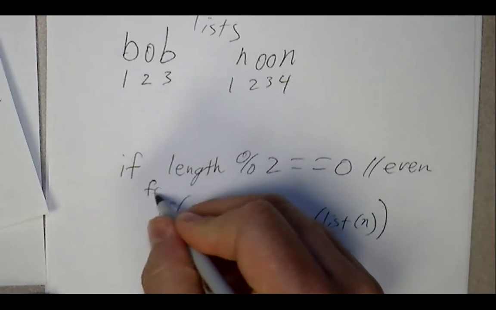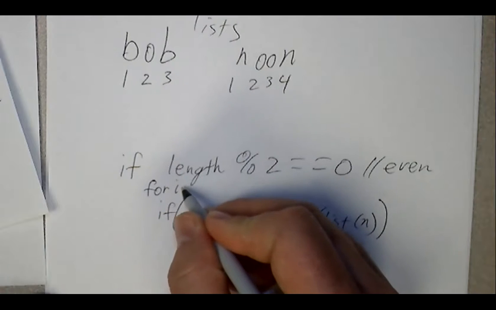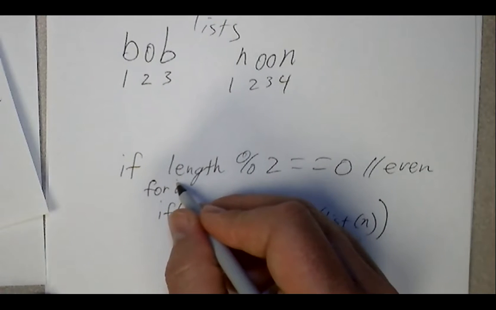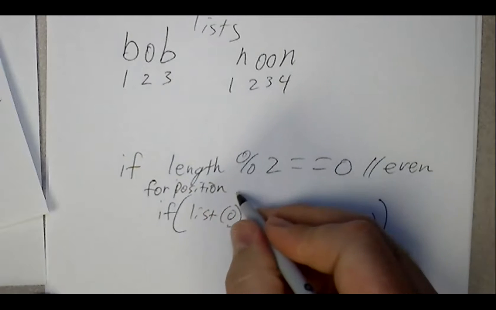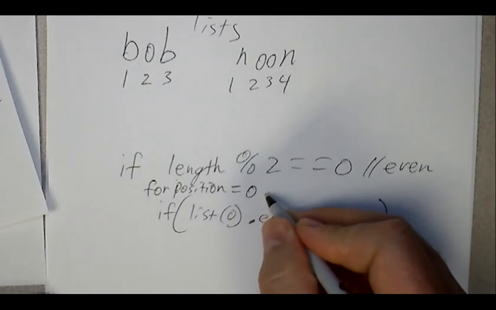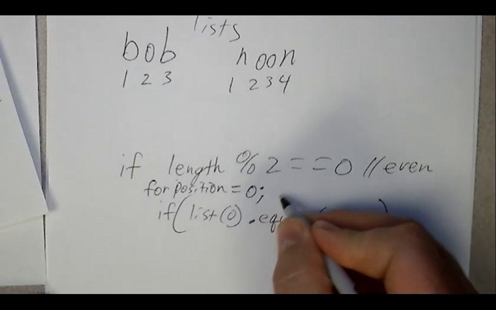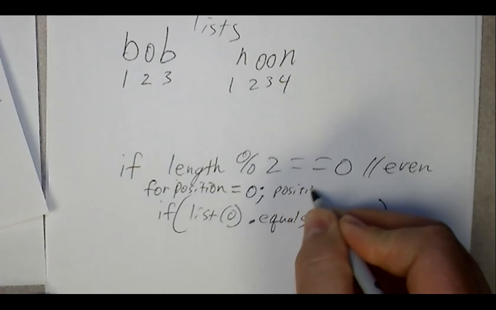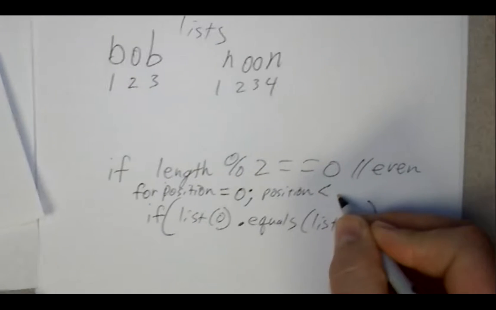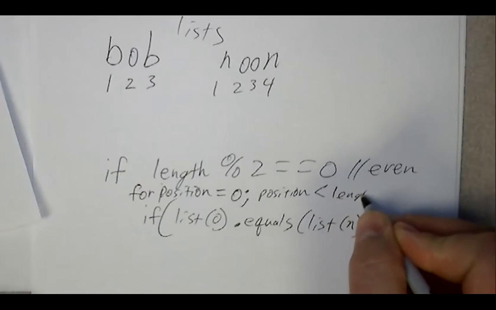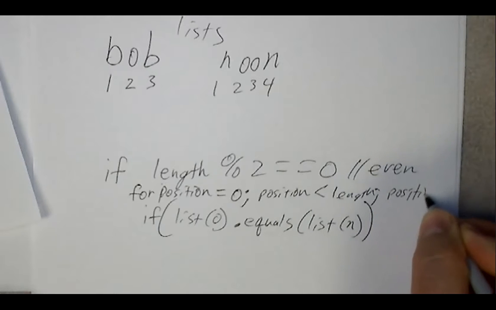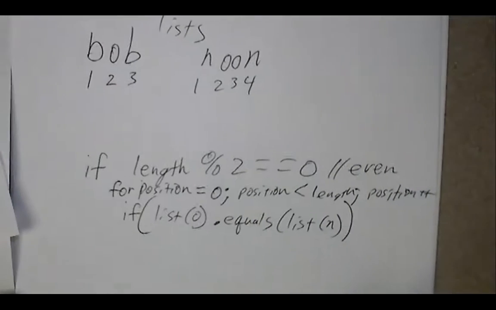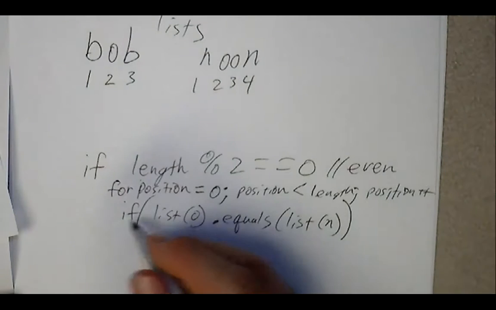And so we can put this in a for loop for position equals 0, position less than length, position plus plus, right?